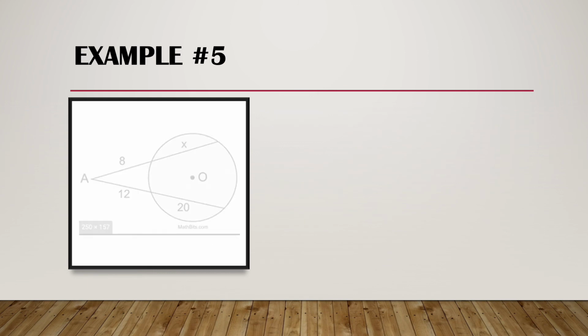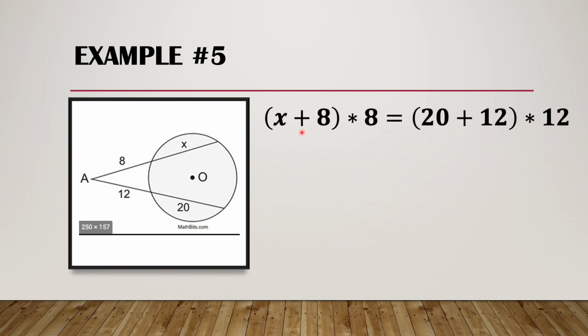For our last example, what power theorem will we use? We will use the two-secant power theorem. And our working equation is secant, that is x plus 8, multiplied to its external secant segment, which is 8, equals 20 plus 12, the secant, multiplied to its external secant segment, which is 12.